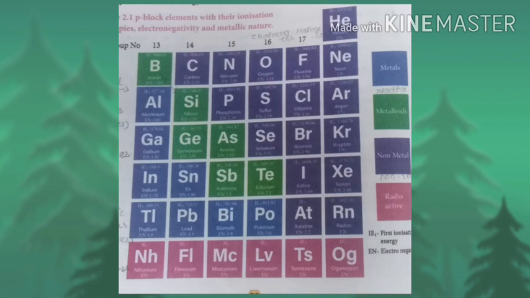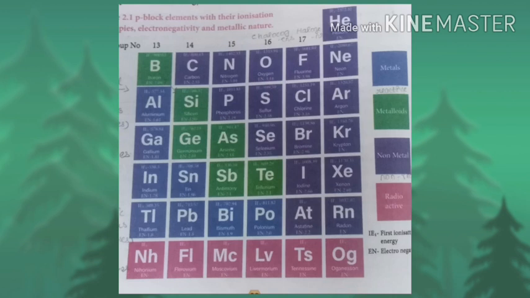Next, we'll see about the metallic nature of the p-block elements. So kindly observe the picture. From the picture itself, you can easily understand, various colors are given. And already you know the concept of ionization energy and metallic character, which you studied in 11th standard.